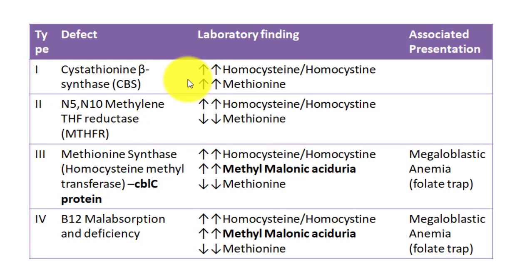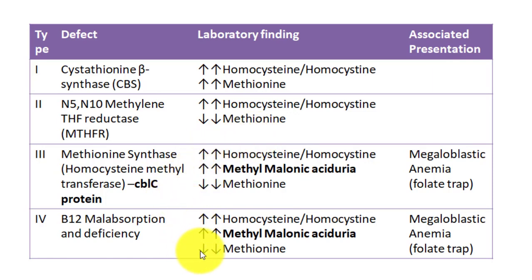And how do we separate classical homocystinuria from non-classical homocystinuria? The homocystinuria caused because of folate metabolism defect and cobalamin metabolism defect. Through this finding, classical has both increased, but non-classical has the reverse.